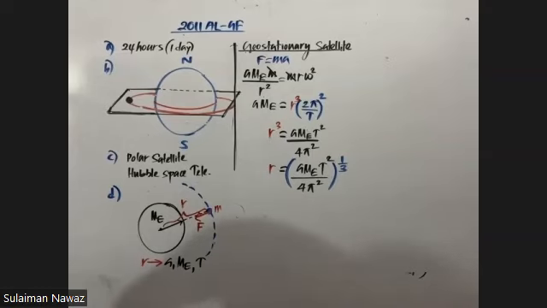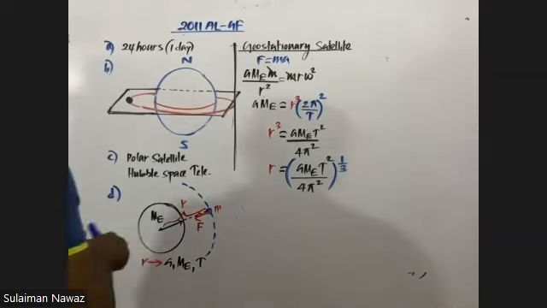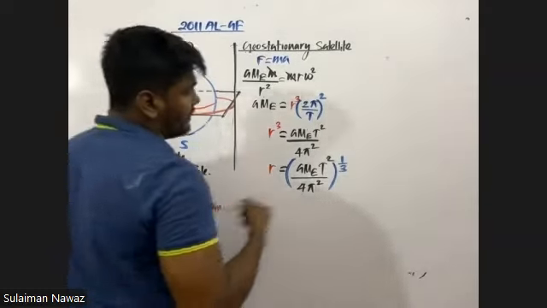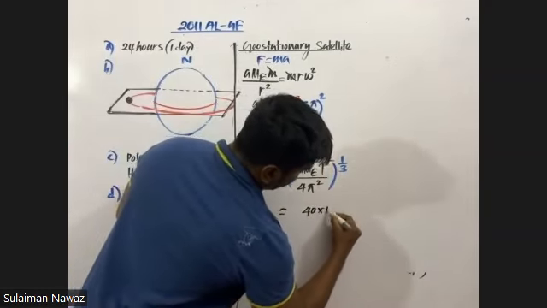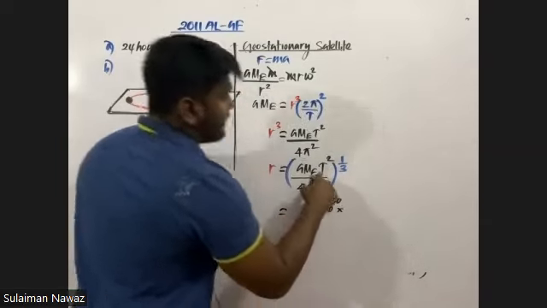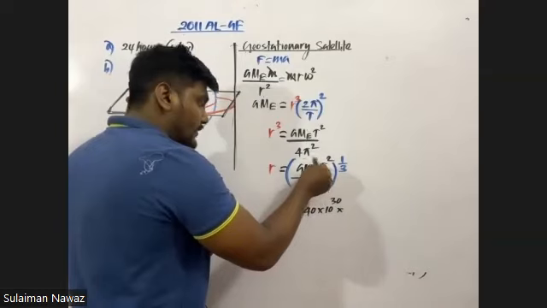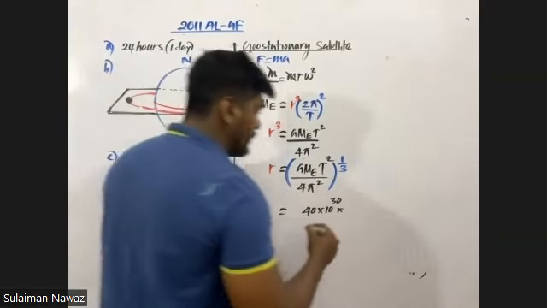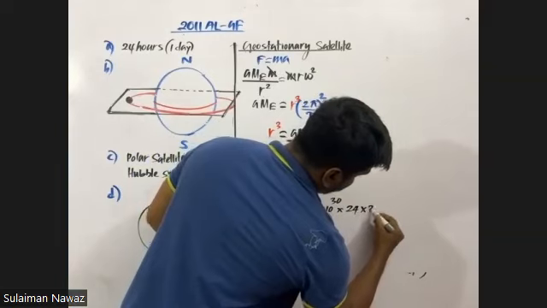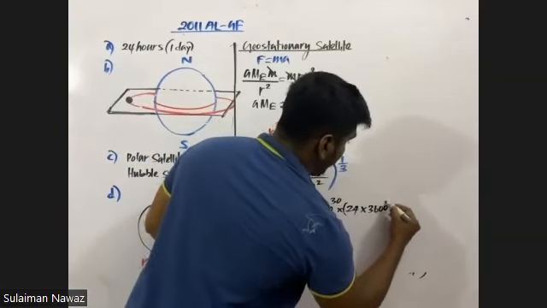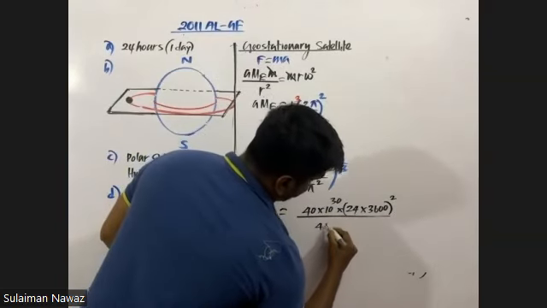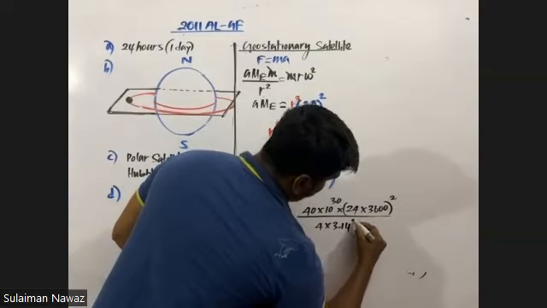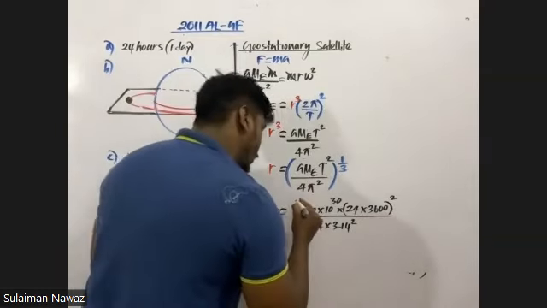They have given G capital M E equals 4.0 into 10 to the power 14, which is 4.0 into 10 to the power 14. The time period of a geostationary satellite is 24 hours, so 24 into 3600 seconds, whole squared, over 4 into 3.14 whole squared.